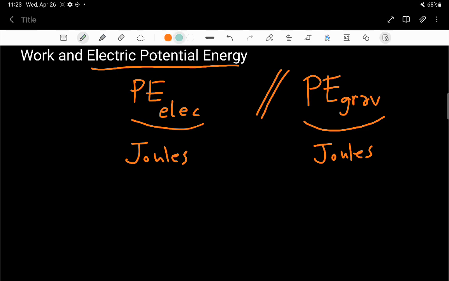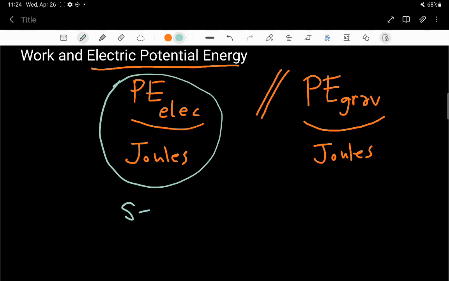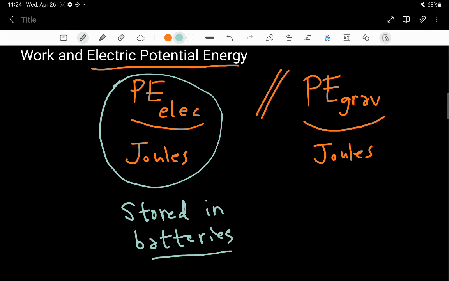Practically speaking, the reason why this is important is because this is what is stored in batteries. That is, the electric batteries that people are very used to using that go into circuits like television remote controls, also in your cell phone, your earbuds, right?